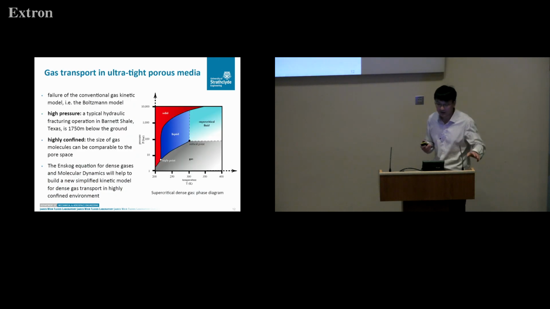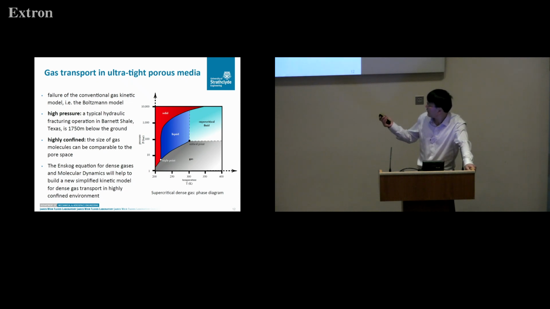But in shale gas, the difficulty really comes from the very dense gas, which can be in a supercritical state. So how can we properly consider this effect in flow behavior?